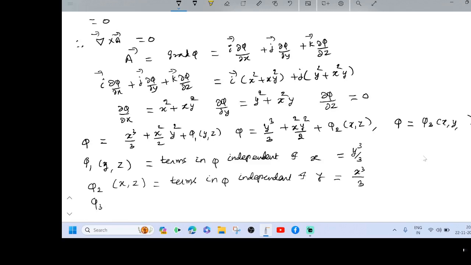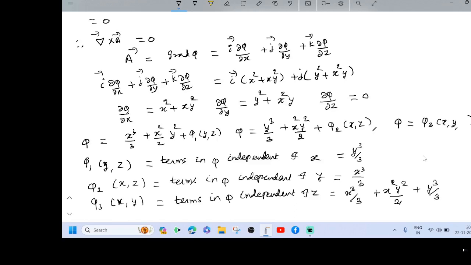Now we will go to phi 3 of x comma y. This is terms in phi independent of z, which is equal to, say, x³/3 plus x²y²/2, then this y³/3.